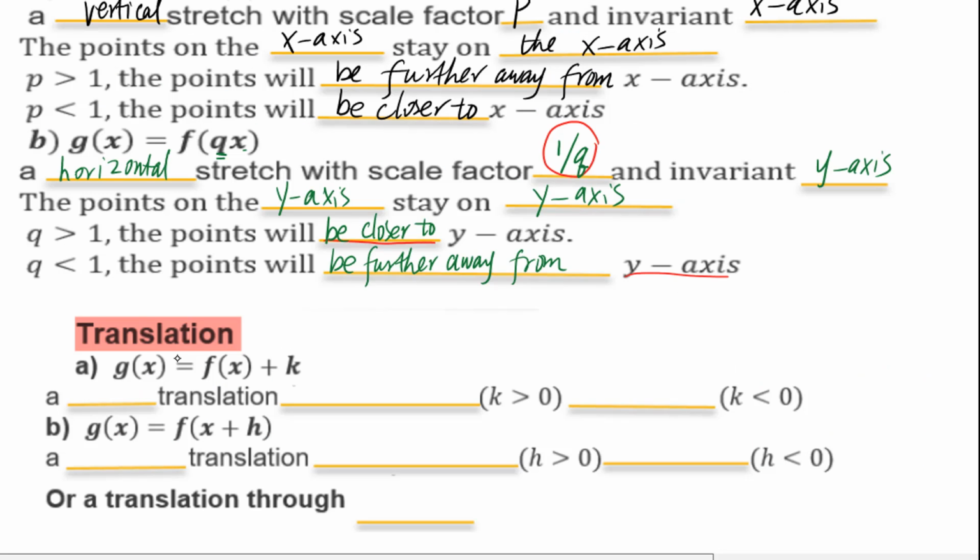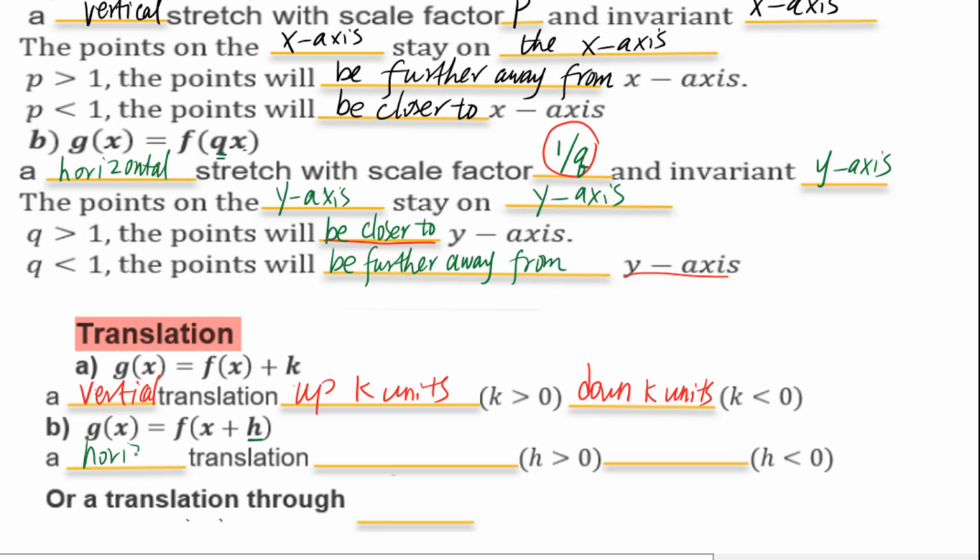For translation, g of x equals f of x plus k. A vertical translation, up k units for k greater than 0, down k units for k less than 0. B, g of x equals f of x plus h. Since this h is with x, inside there is a liar.